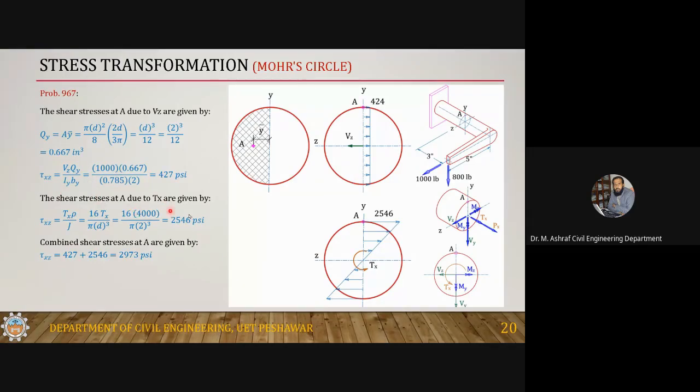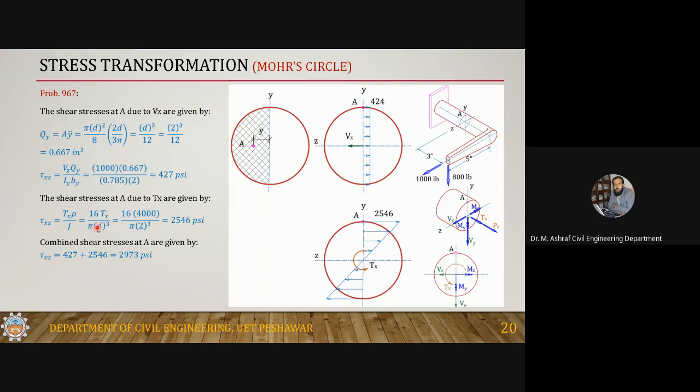The next is the stress caused at A due to Tx, given by tau equal to Tx rho divided by J. Since this point A lies at the extreme, for the maximum the expression is 16T divided by pi d cube. If you plug in rho equal to d by 2 and J equal to pi d power 4 by 32, it results in this.